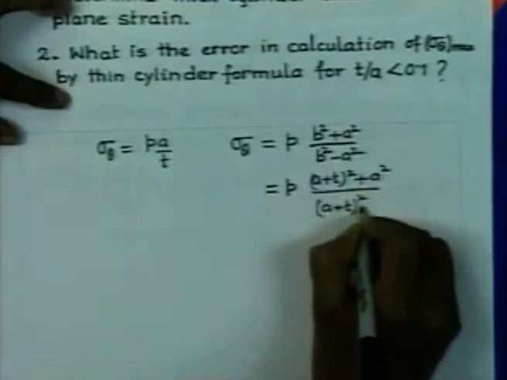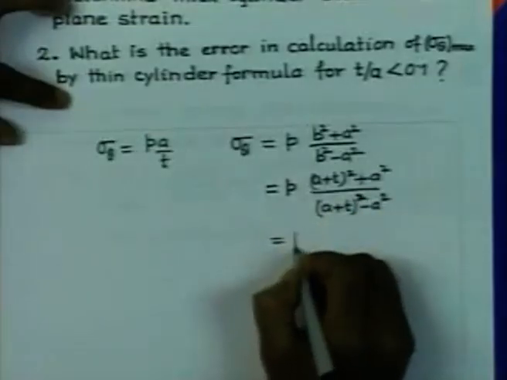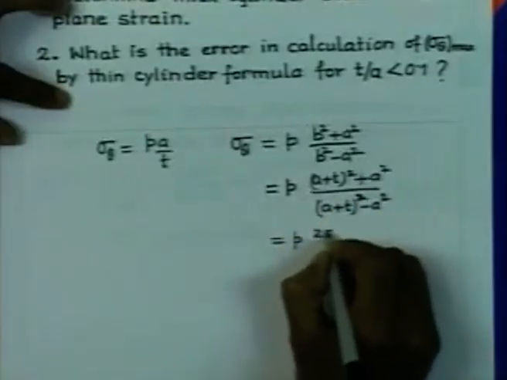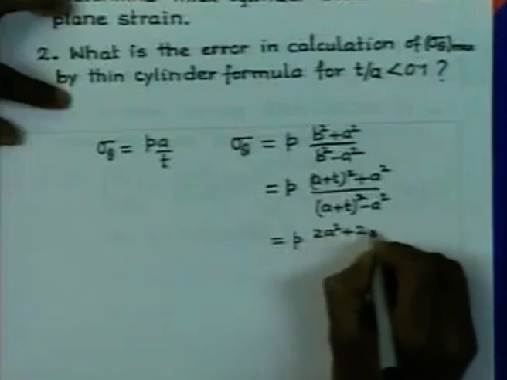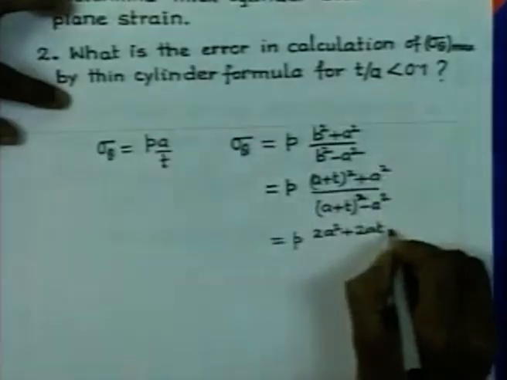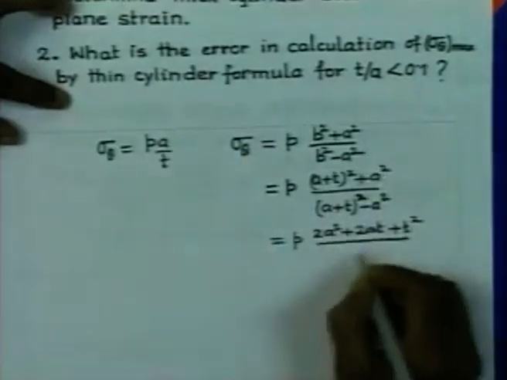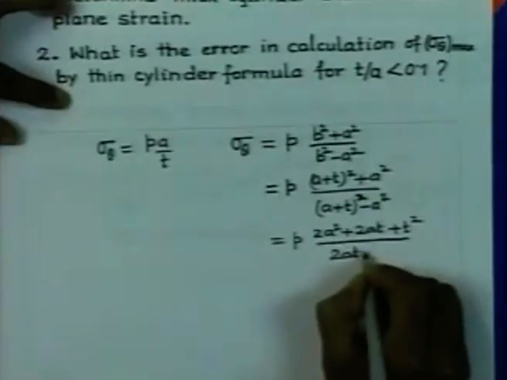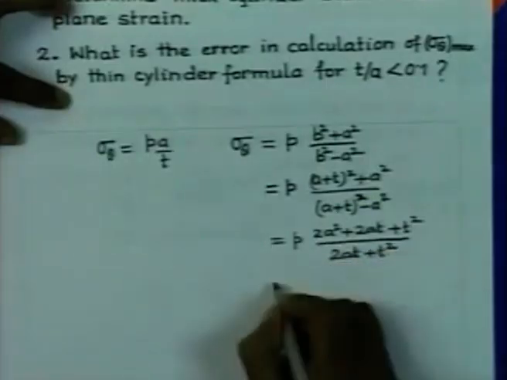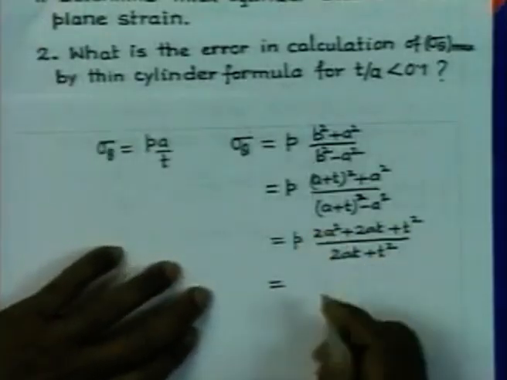So, we will have this expression, and now we have 2A square plus 2AT plus T square divided by 2AT plus T square. Let us take common 2A square from the numerator and 2AT from the denominator.